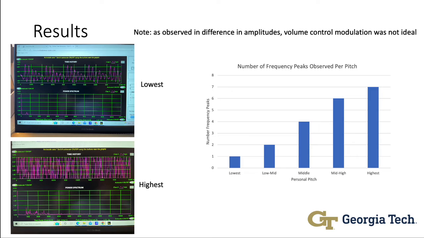There is a clear correlation between my own personal decisions of what my pitches of my voice are capable of and the number of frequency peaks that I observed from my recordings.